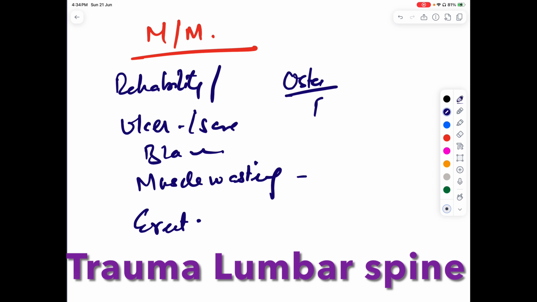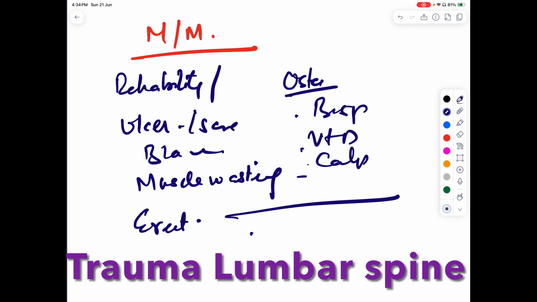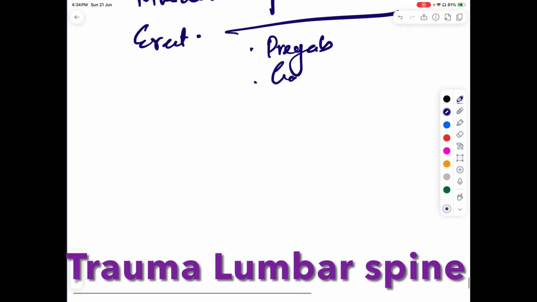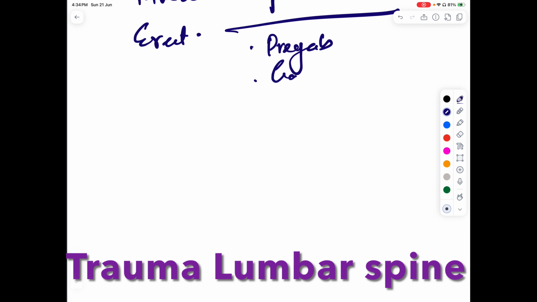Osteoporosis needs bisphosphonates, vitamin D, calcium, and neuropathic pain has to be on pregabalin or gabapentin and some types of drug. If no erectile dysfunction, it depends on the level, because hypogastric plexus are intact.